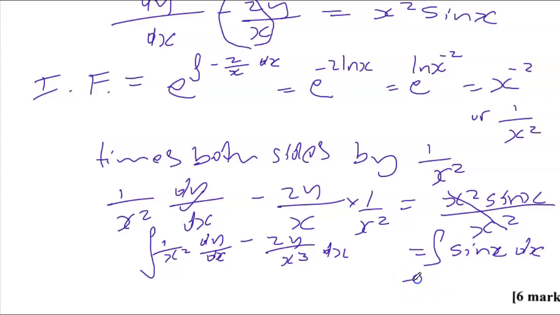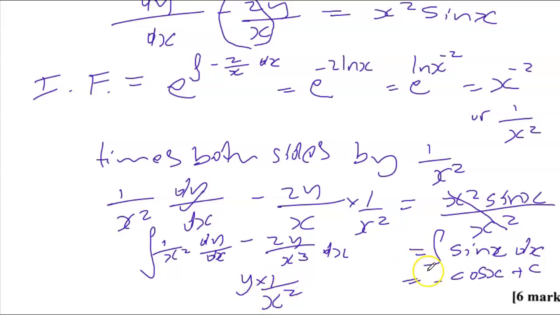Usually the right hand side is just integrate sine x, that's negative cos x plus c. And the left hand side is always y times the integrating factor, which is 1 over x squared. So it becomes y over x squared.